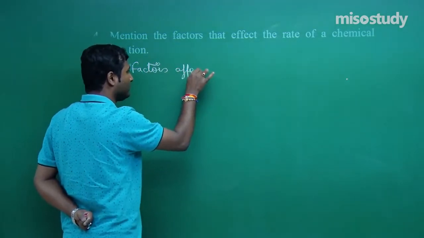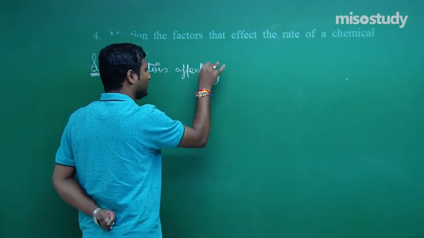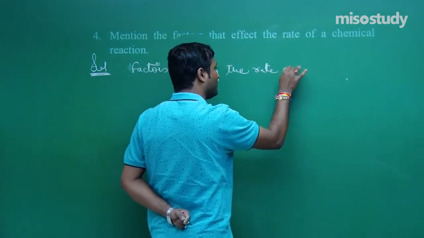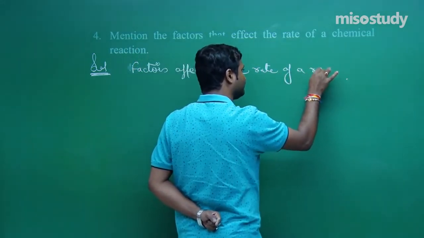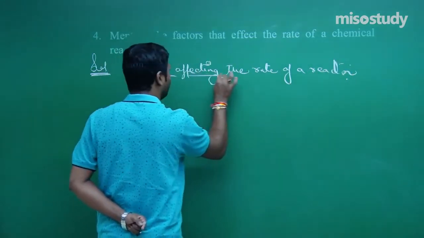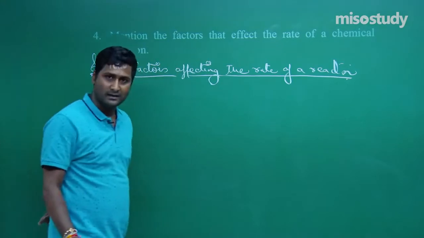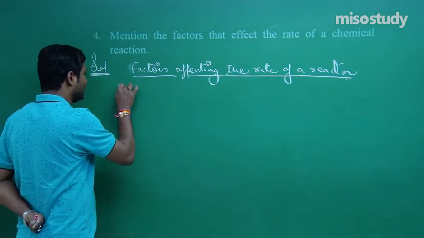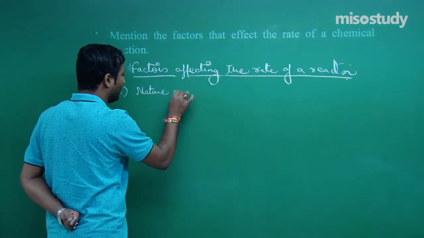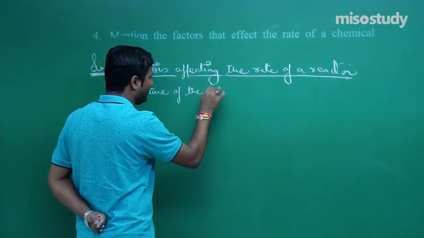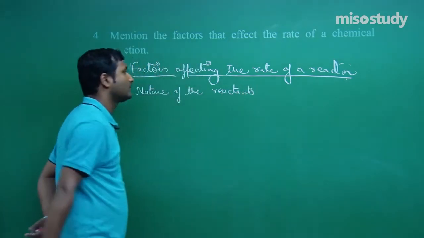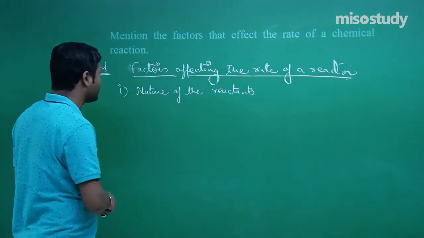Factors affecting the rate of a reaction. Now first of all, tell me what will happen. Yes sir, first of all, that is the nature of the reactants.